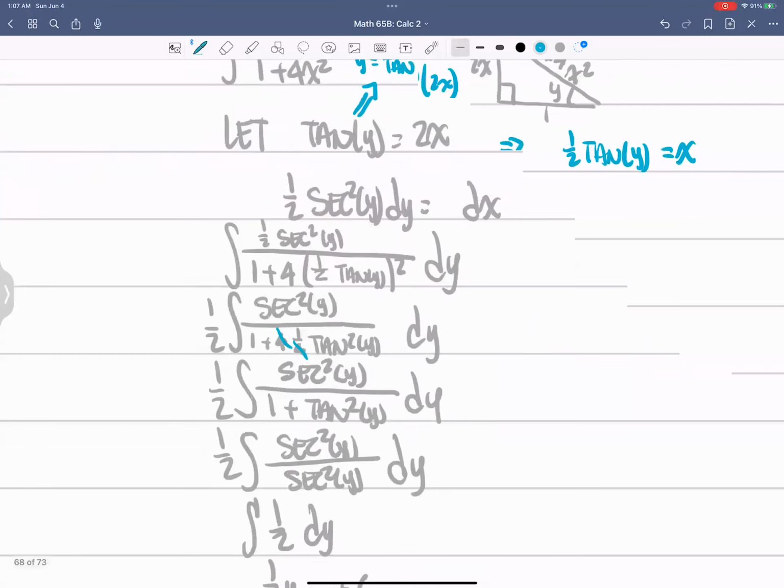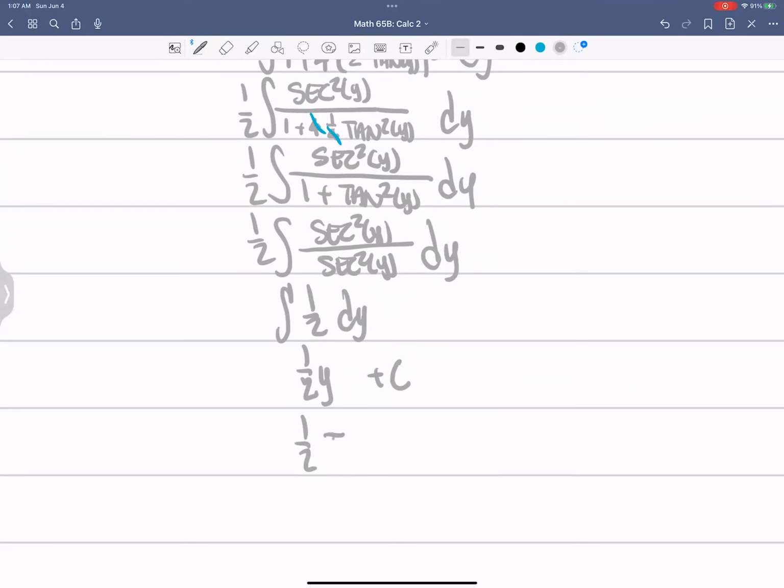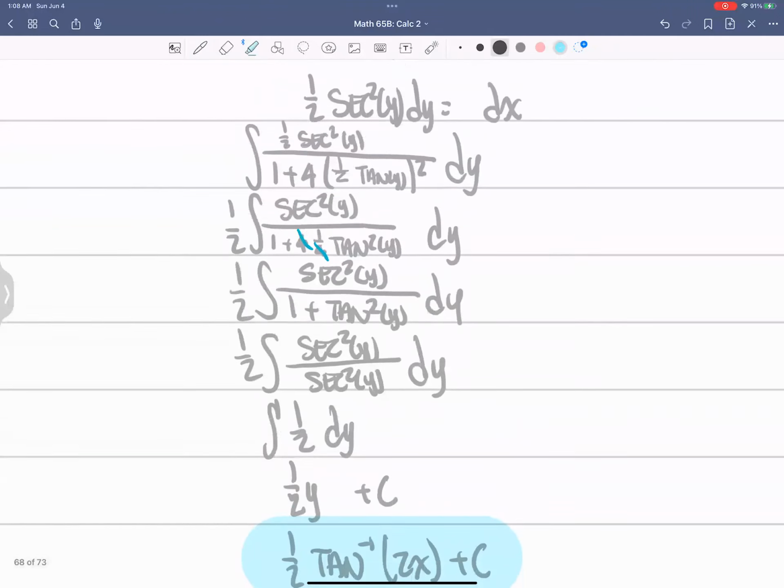So y is equal to tangent inverse of 2x, so 1 over 2 tangent inverse of 2x plus c. And there we go. That is our function.